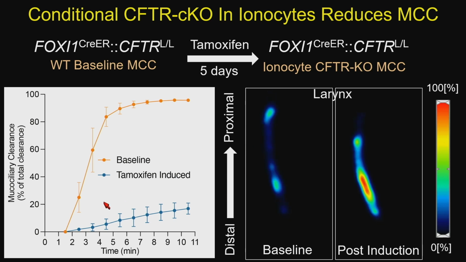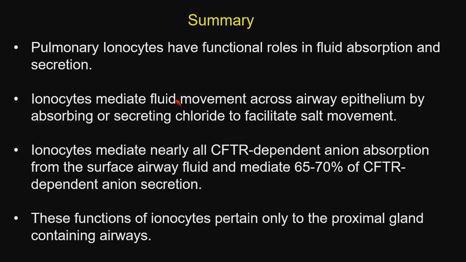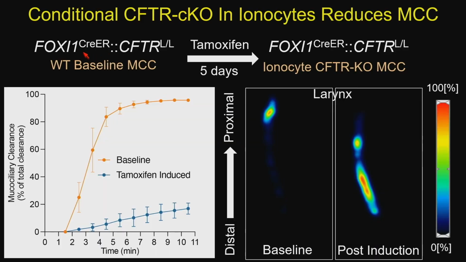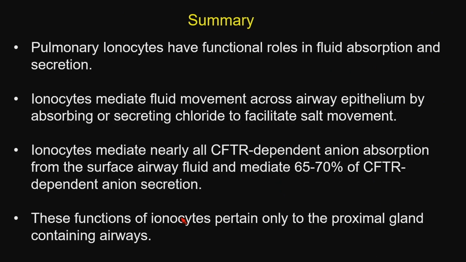These are double transgenic animals that have FOXI1 Cre and conditional CFTR, floxed exon 16. Those animals were measured for baseline MCC. You can see here the radioactivity moving up the trachea. Then they were induced and immediately measured for MCC again, and there was a very significant decline in clearance.